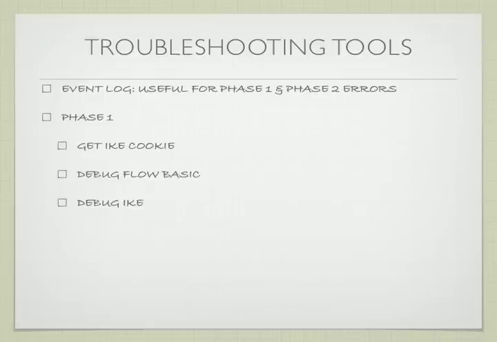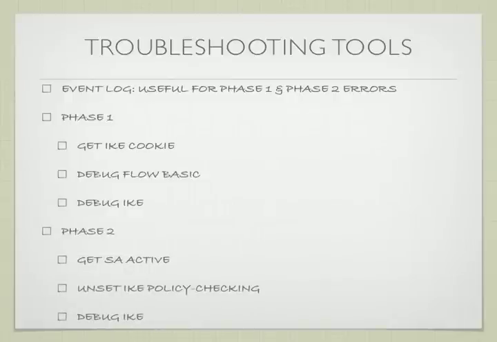You can use debug flow basic to try to trap the communications flow by setting your flow filters, and you can use specifically the debug IKE command to look at the IKE negotiations on phase 1.